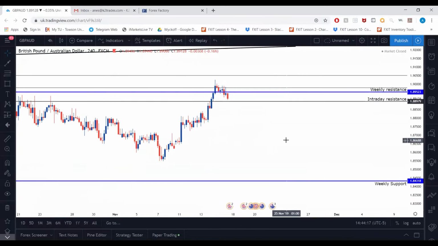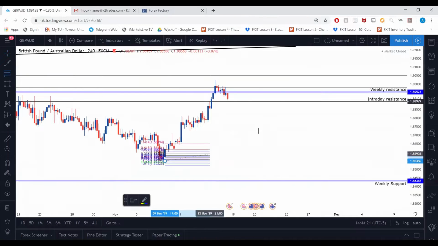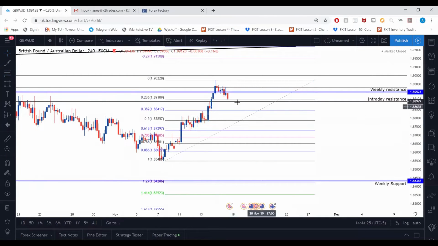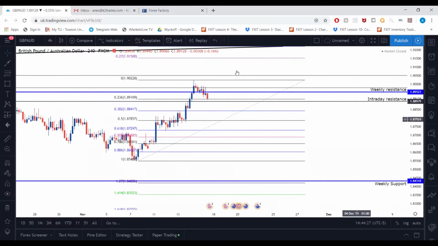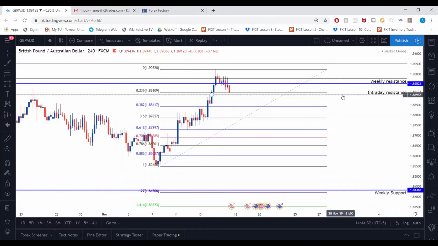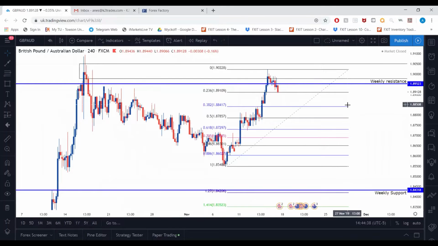Yeah, it's showing steadily. Yeah, so currently I like to see this 4-hour candle close under the weekly resistance. This intraday resistance, we can remove that.